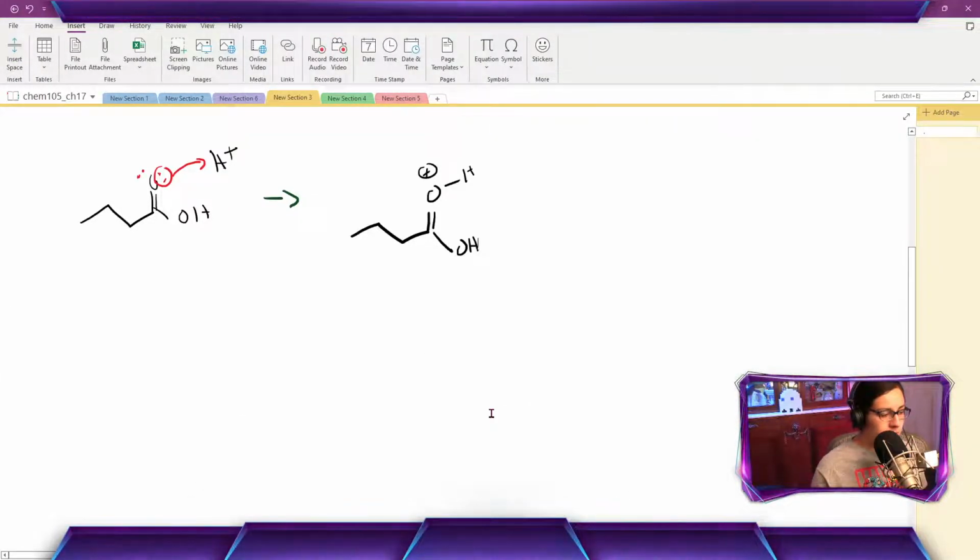So for the next step, we have our nucleophilic reaction. So our alcohol is going to come, so methanol.